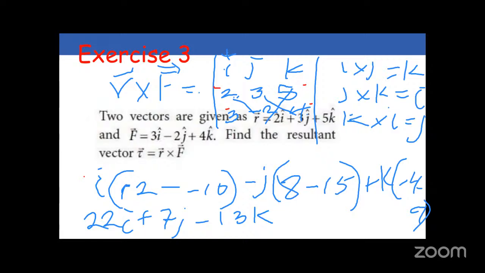So the resultant of the two vectors is given as 22i plus 7j minus 13k. Now here you are asked to find the resultant. You could be asked to find the magnitude.